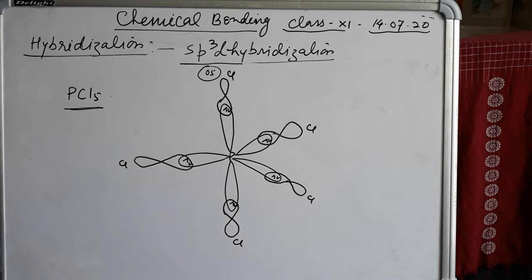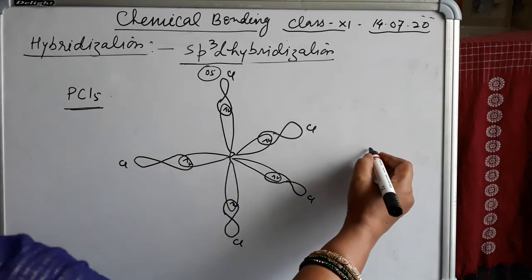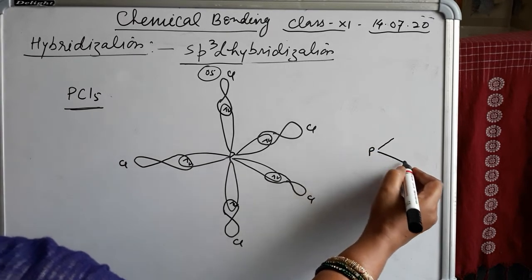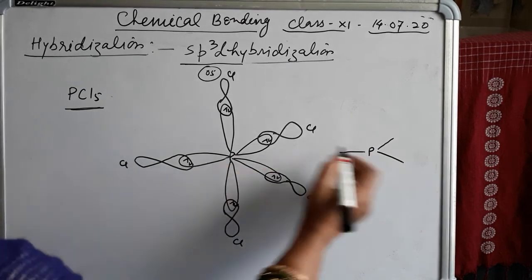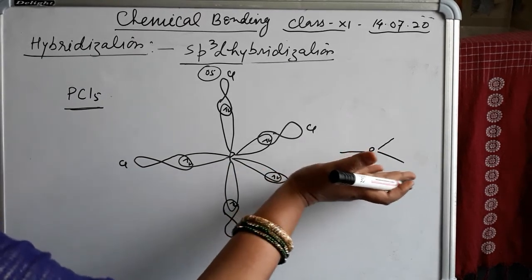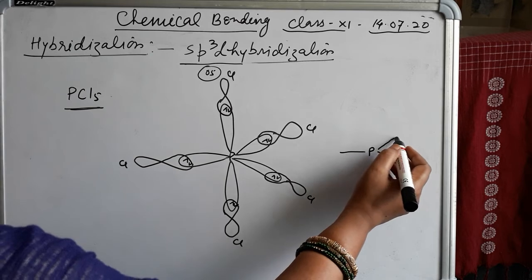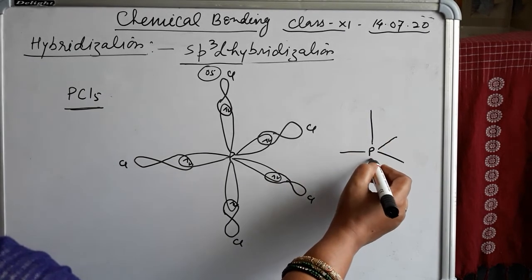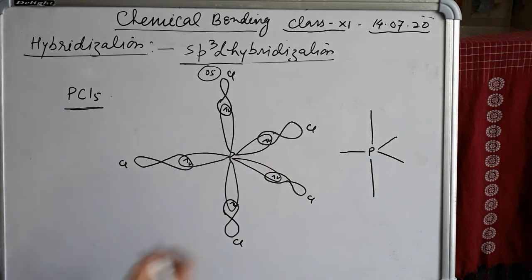So how is the structure of this PCl5 molecule? See here, phosphorus, one bond here, one bond here and one bond here. So in the equatorial position three bonds are formed, and 1 and 2 are on the axial position.